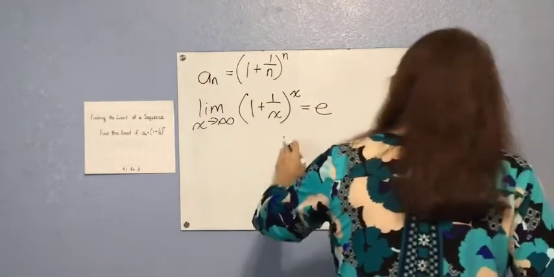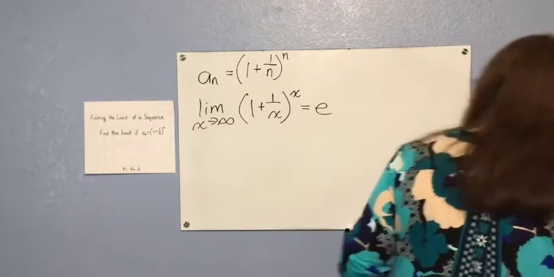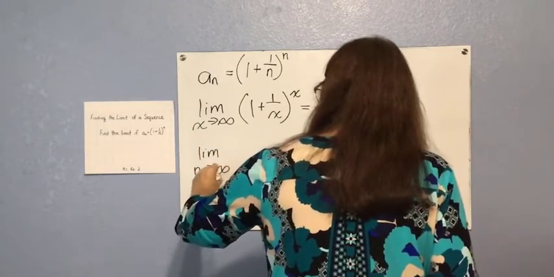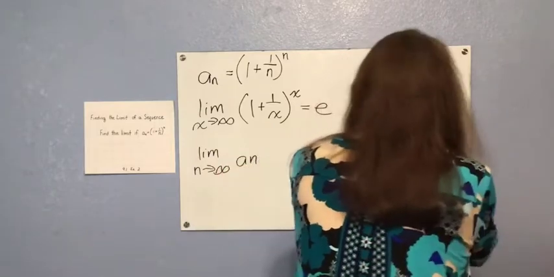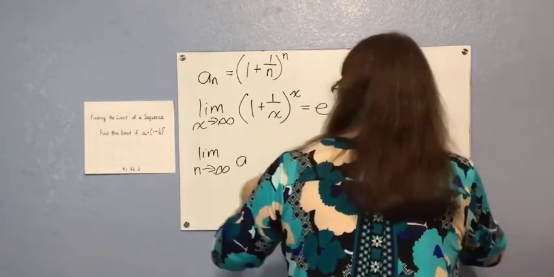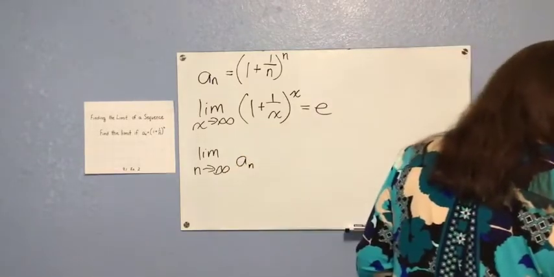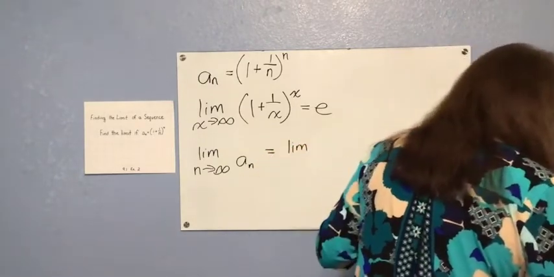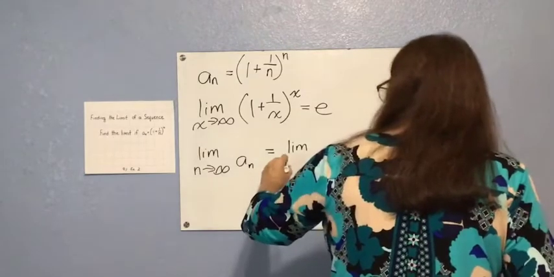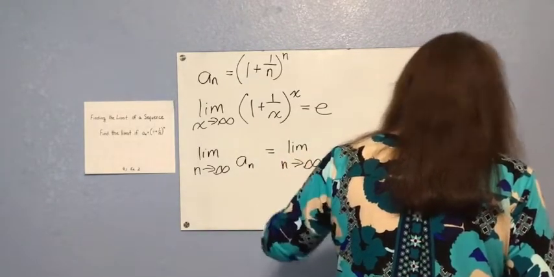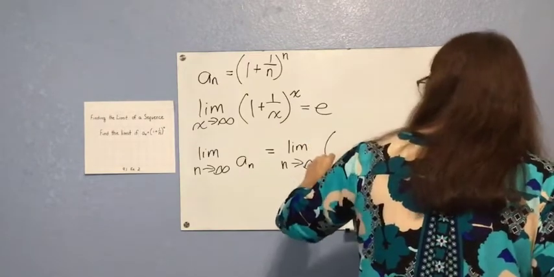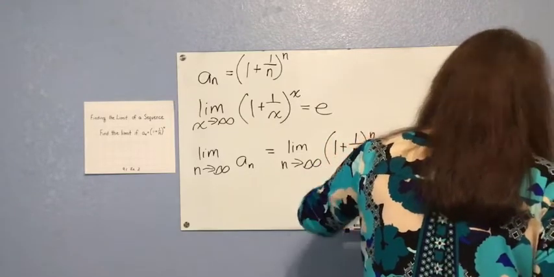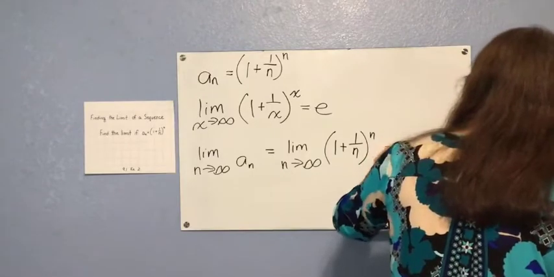So we can apply theorem 9.1 and say that the limit as n goes to infinity of a sub n is equal to the limit as n goes to infinity of 1 plus 1 over n to the n power, which is e.